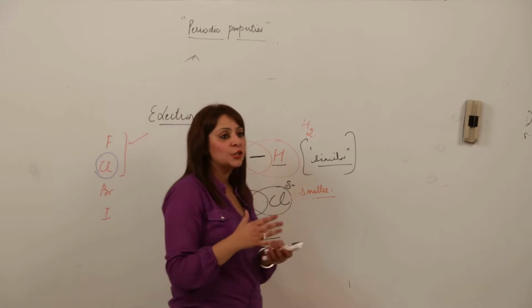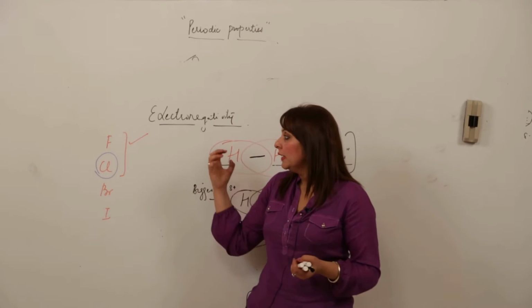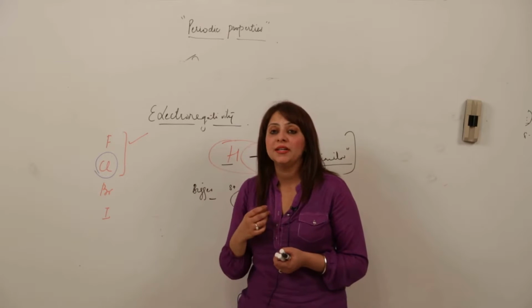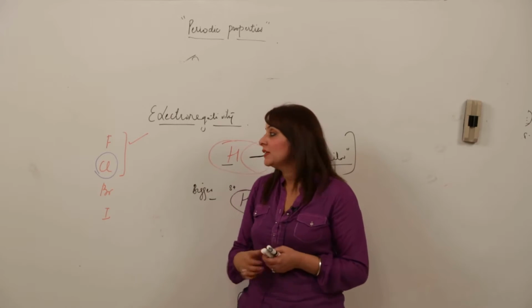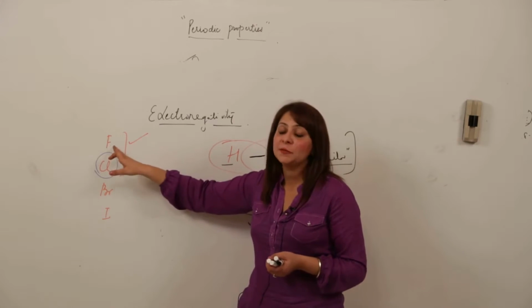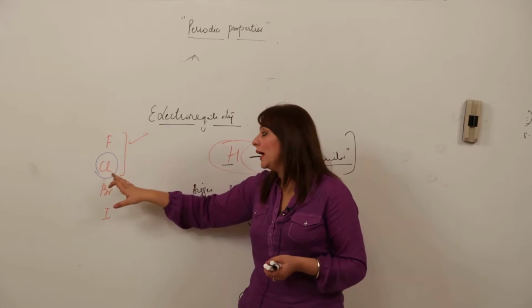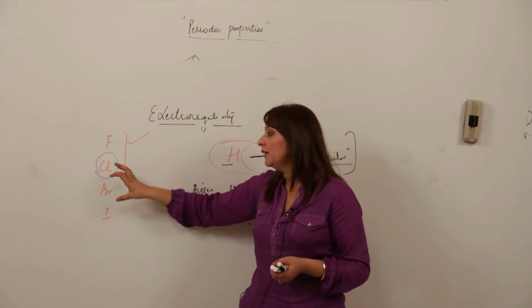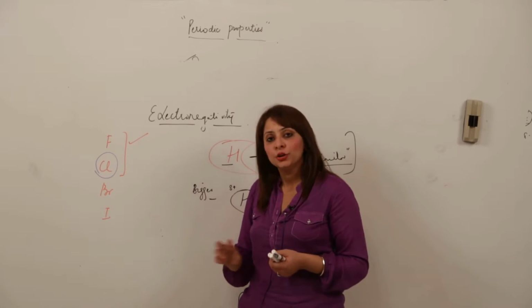So whenever an electron approaches it and gets added, it suffers a lot of repulsions. So its electron affinity is unexpectedly low compared to chlorine, which is slightly bigger in size, and the repulsions between the electrons are not too high.